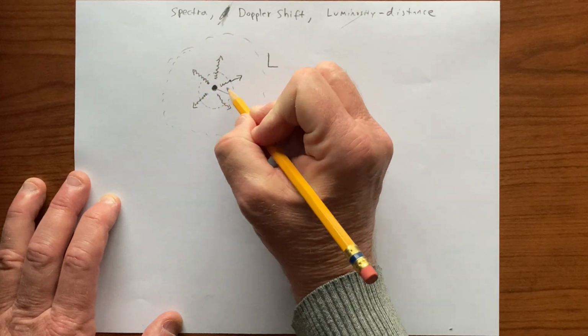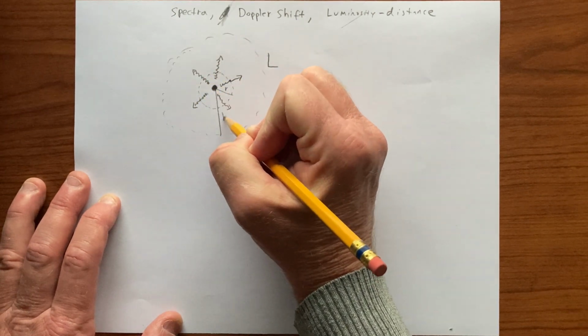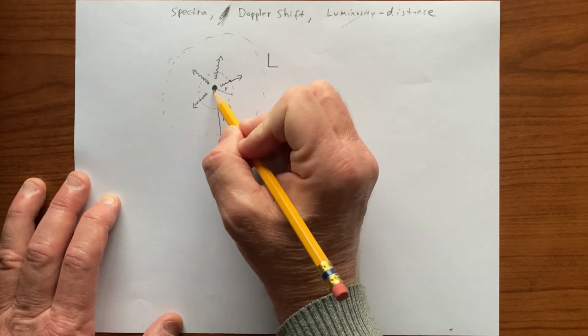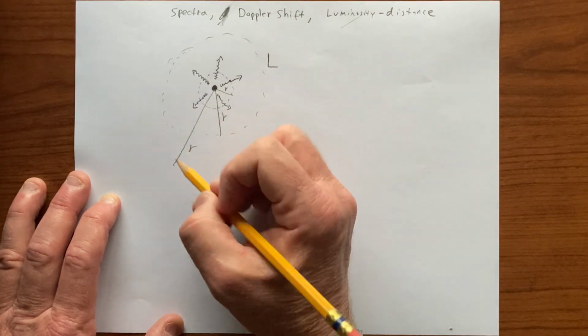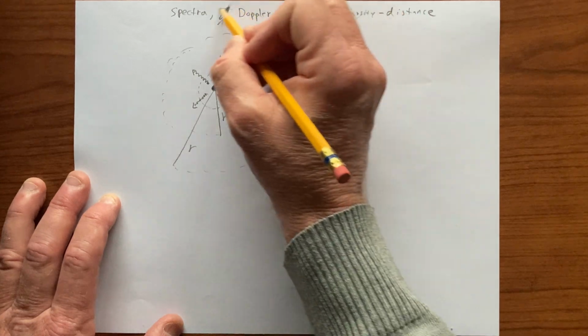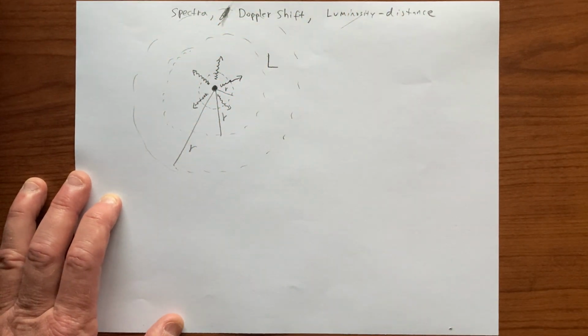So there's spheres here, and there's a radial value. It's a variable, right? This R is getting larger and larger, so we're considering spheres of larger and larger radius as the light moves away.